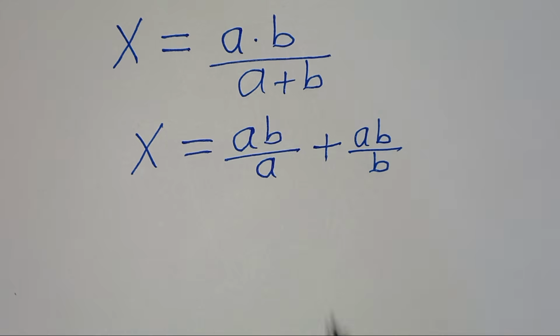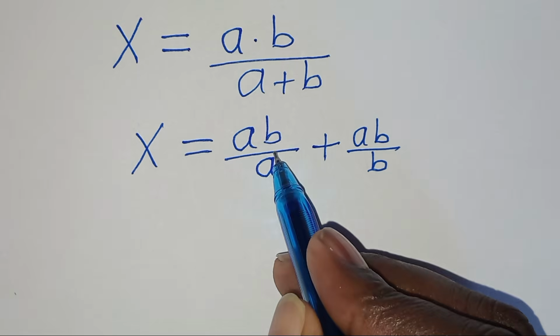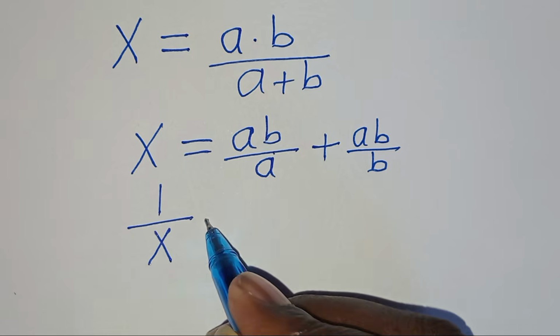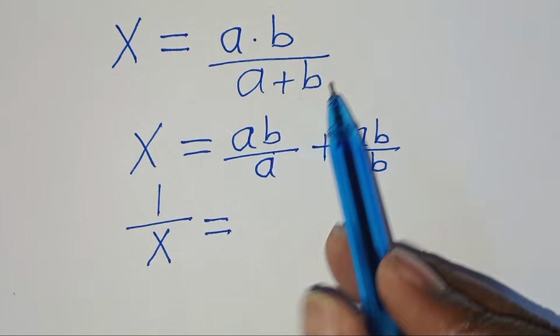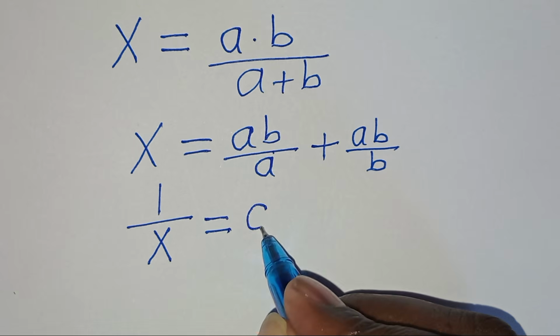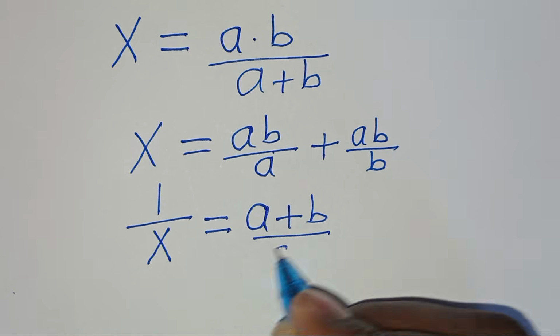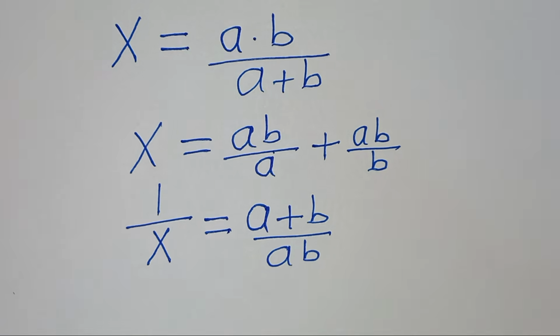Now this implies that we can establish that 1 over x is equal to a plus b divided by a times b.